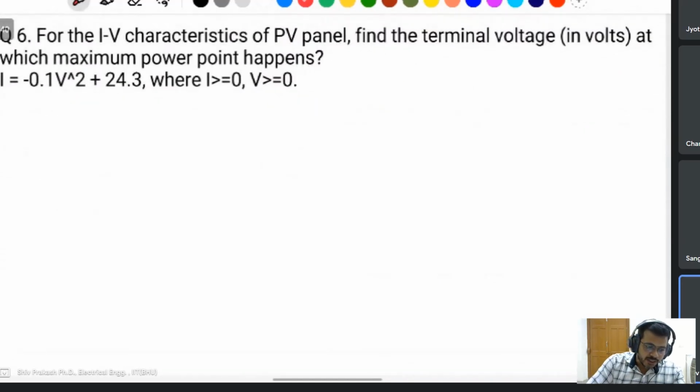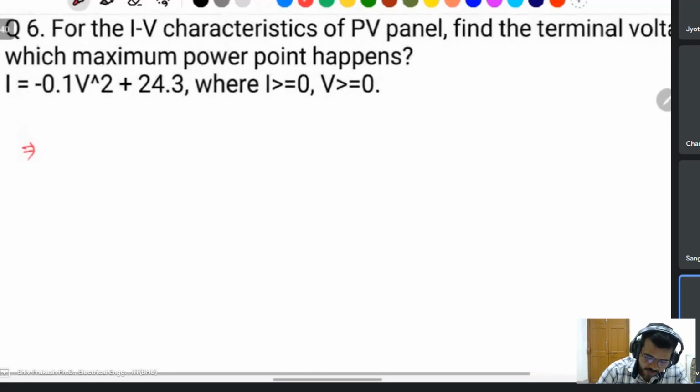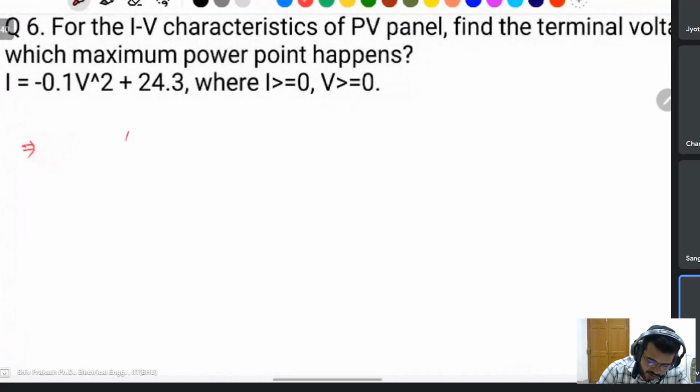Next, question number 6 is given for the IV characteristics of a PV panel. Find the terminal voltage in volts at which the maximum power point happens. Given I is equal to minus 0.1 V square plus 24.3.